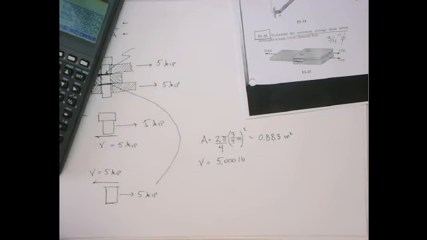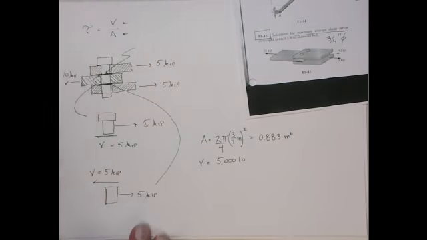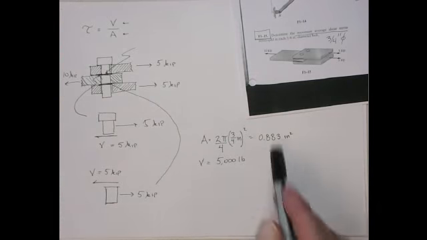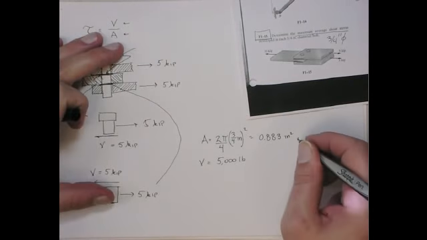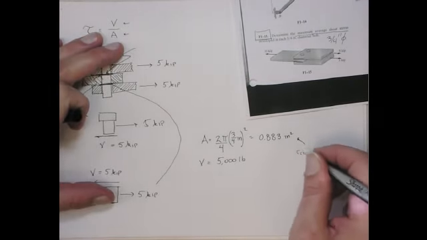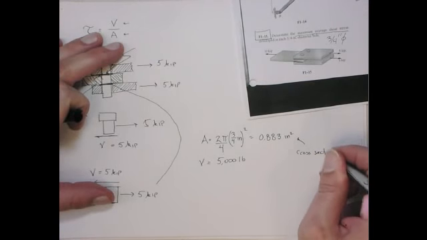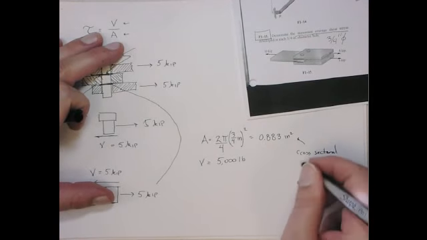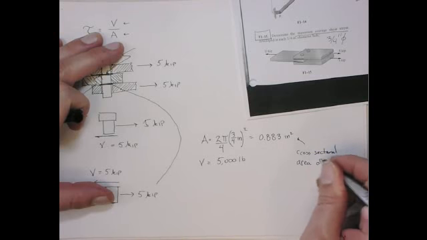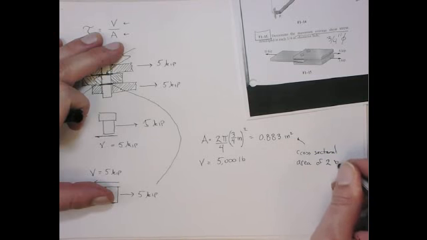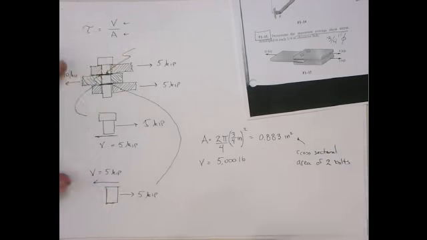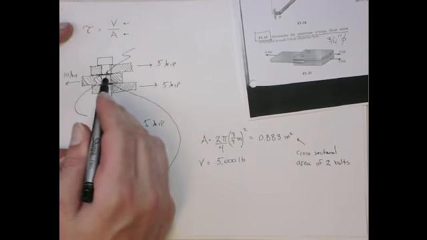So that's the cross-sectional area of both bolts, the 2 bolts. This is the area in which the shear force acts on.